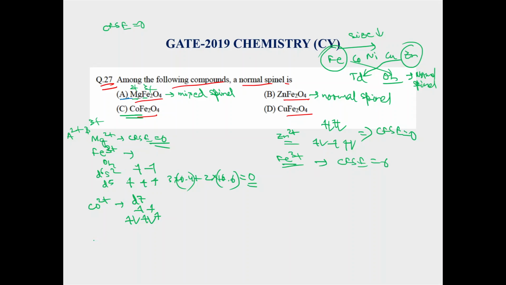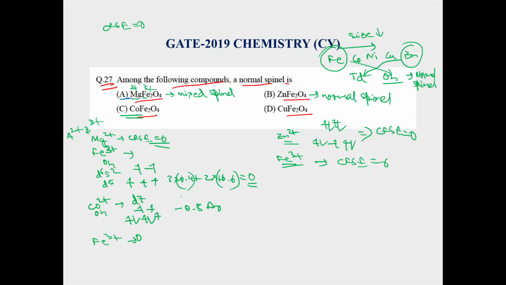And for iron 3 plus, we know that it is 0. So definitely this Co2 plus will have a higher CFSE than this, because this 5 will cancel out, but then there is minus 0.8 delta O. So Co2 plus octahedral is having greater CFSE.